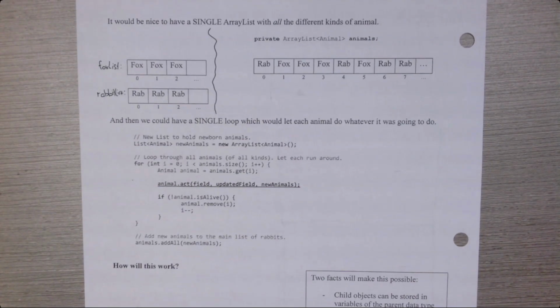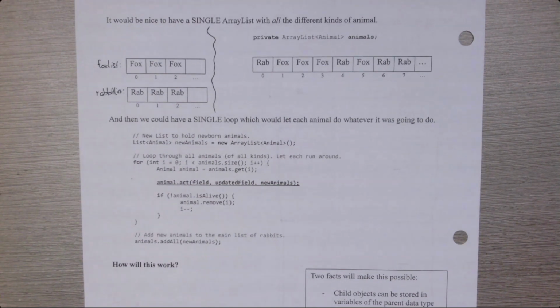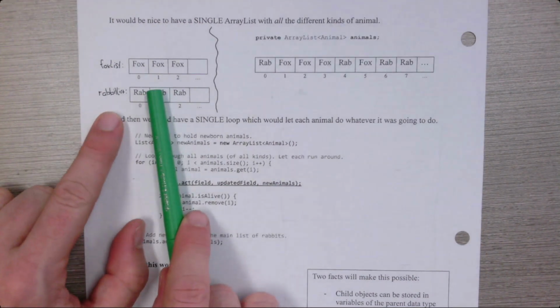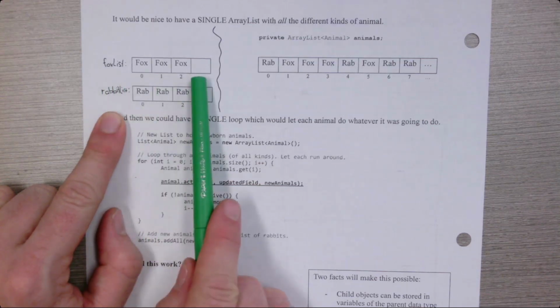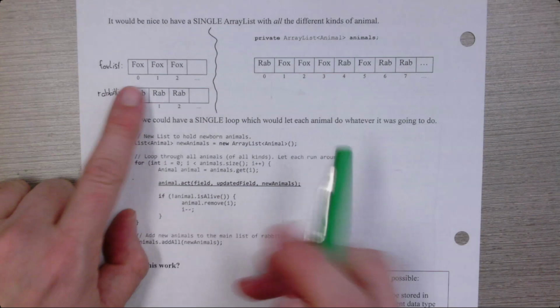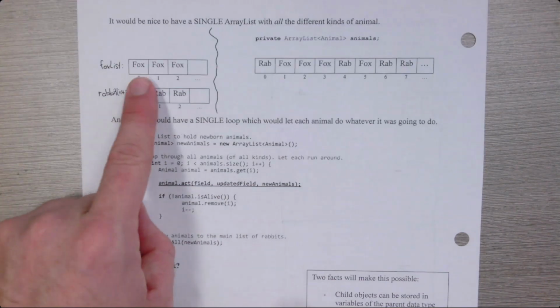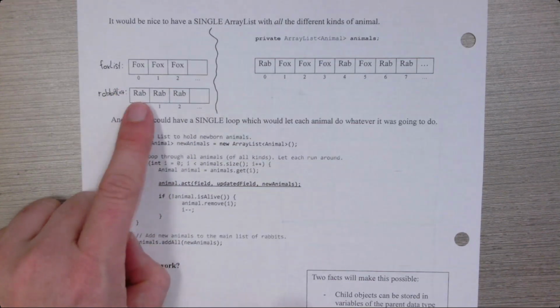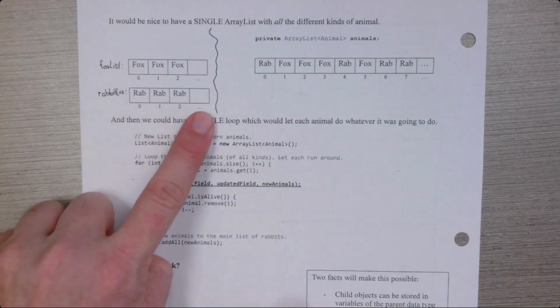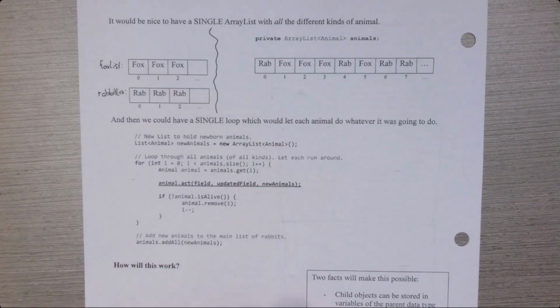Okay, so we're on the backside. So here's what would be nice. Right now, if you look at my finger and pen, we've got a fox list that has a bunch of fox objects. And that loop on the front page looped over every fox, and it said, fox, you hunt, and now you hunt, and now you hunt, and now you hunt. And then for the rabbit list, rabbit, run, run, run, run. That's how the front page was working.